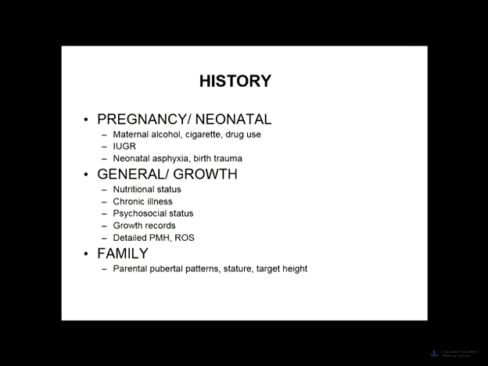Nutritional status is critical. Chronic illness can present with growth issues, even if they're not hormonal chronic illnesses. So Crohn's disease, which is a GI disease, can present with growth failure prior to any GI symptoms. Psychosocial status is critical. There is an entity that used to be called, it's now politically incorrect to call it that, the maternal deprivation syndrome.